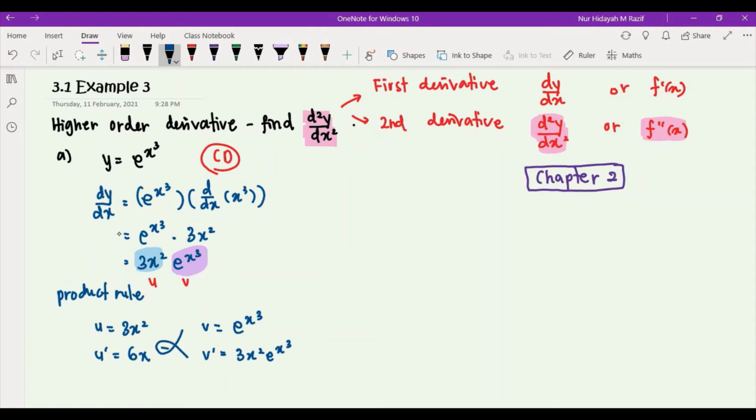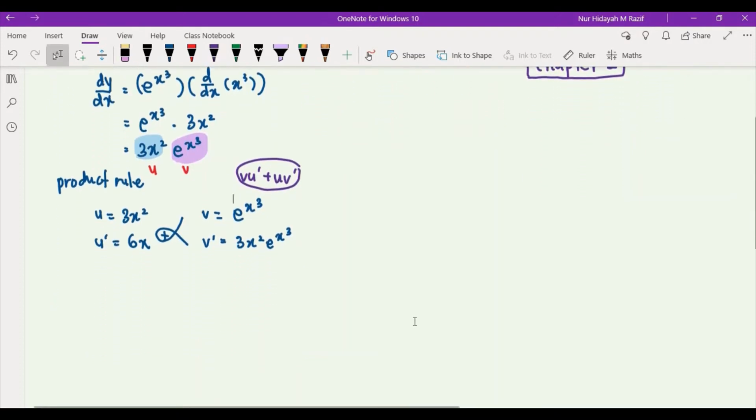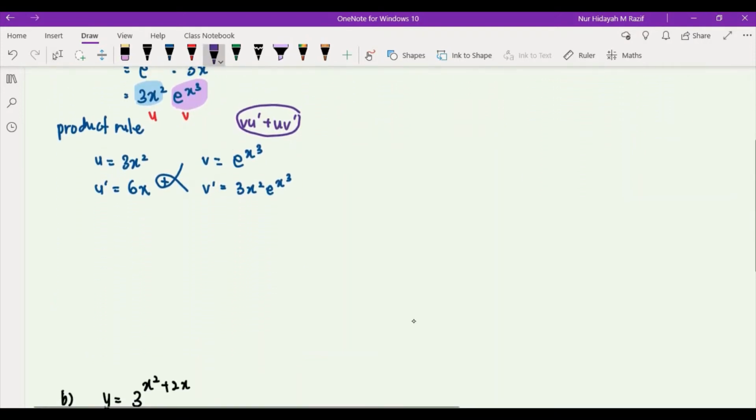And since the formula is for product rule, I'm going to put the addition symbol there. And then the formula for product rule adalah vu prime plus uv prime. This is the formula, and take note, notation di hadapan bukan lagi dy dx, tapi kita akan letak untuk d2y by dx2. Okay, so from there, I'll just need to continue with my workings.